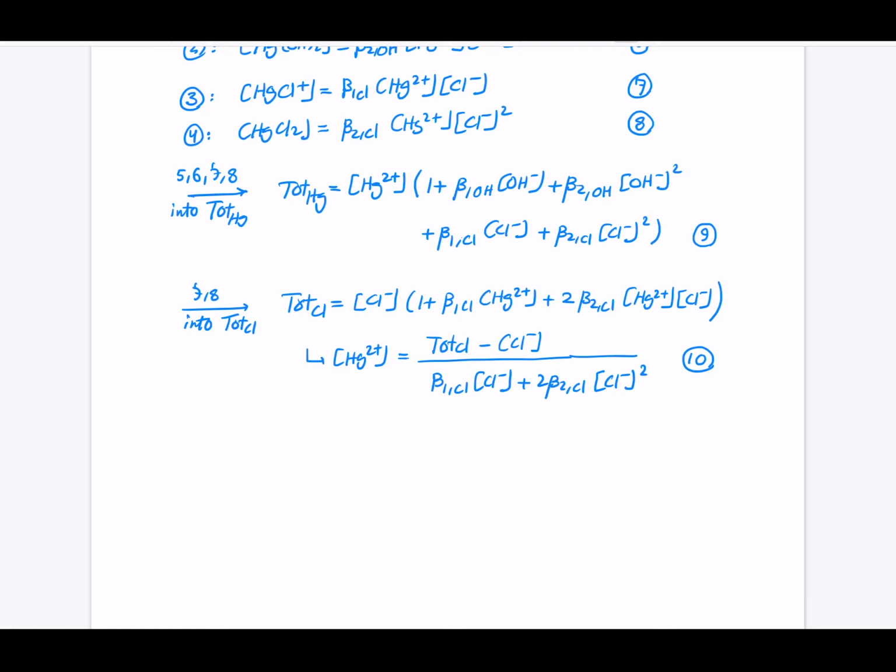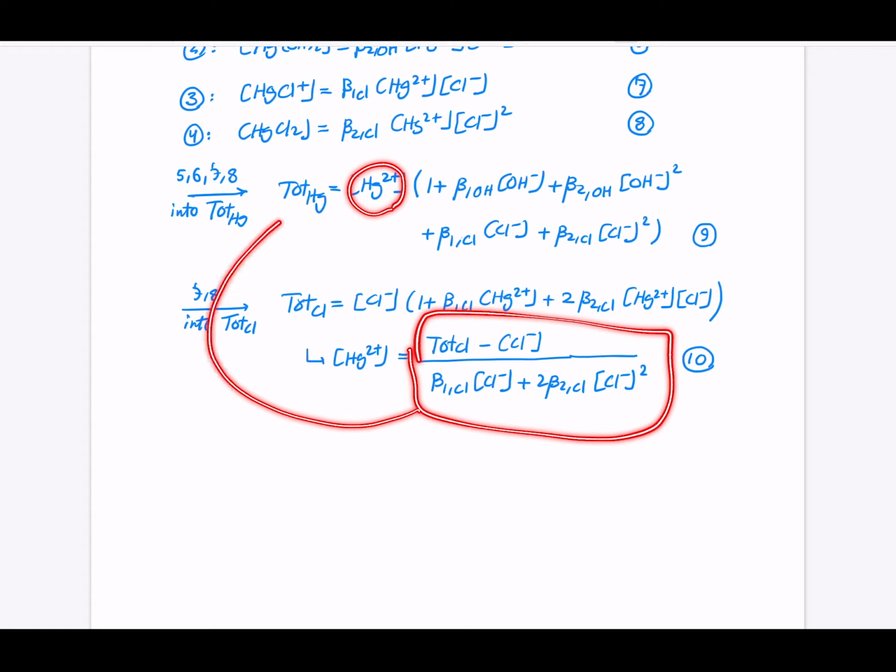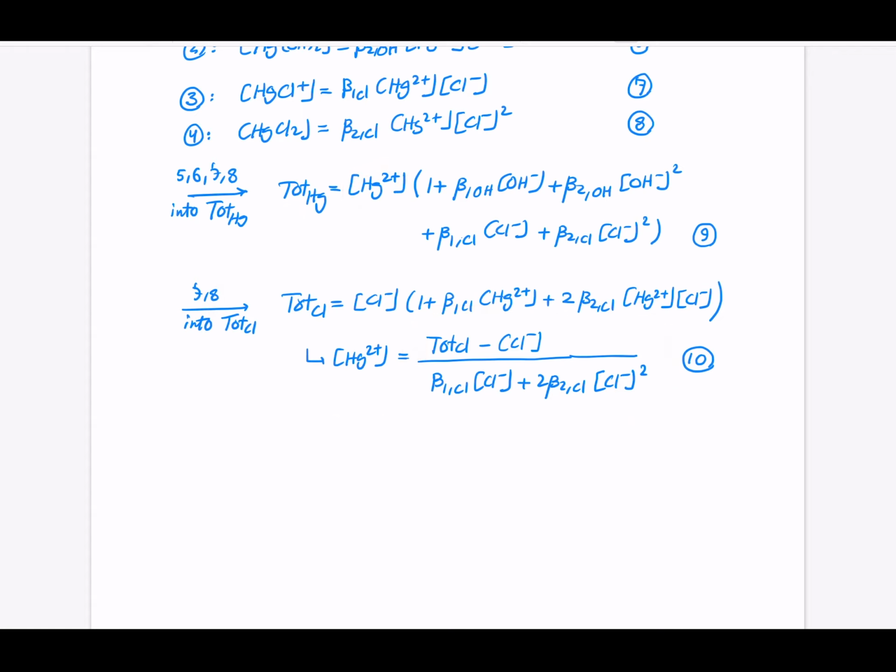So this was one step to a little bit simplify it in terms of not to solve for the set of equations, but just replace the Hg2 plus by this expression. So basically what happens, you get one equation, one unknown, and non-linear.